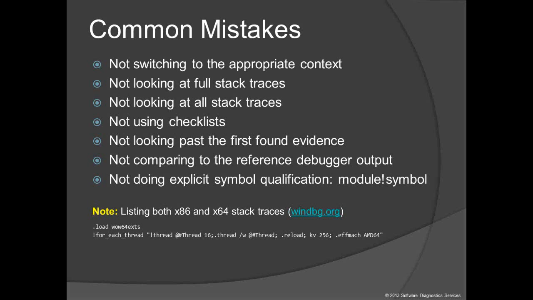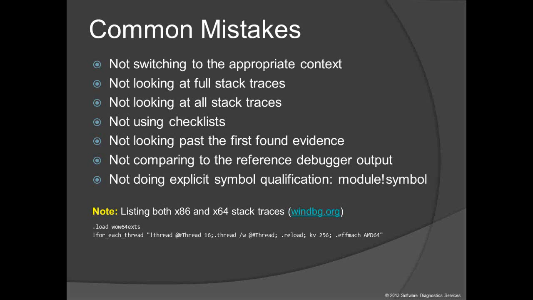The second mistake is when we forget that some commands show only partial stack traces based on the default number of stack frames to display, but I think this is now solved in the latest versions of WinDbg. But nevertheless, we should remember that we might not see the full stack trace. The third mistake is when we look only at a subset of processes.